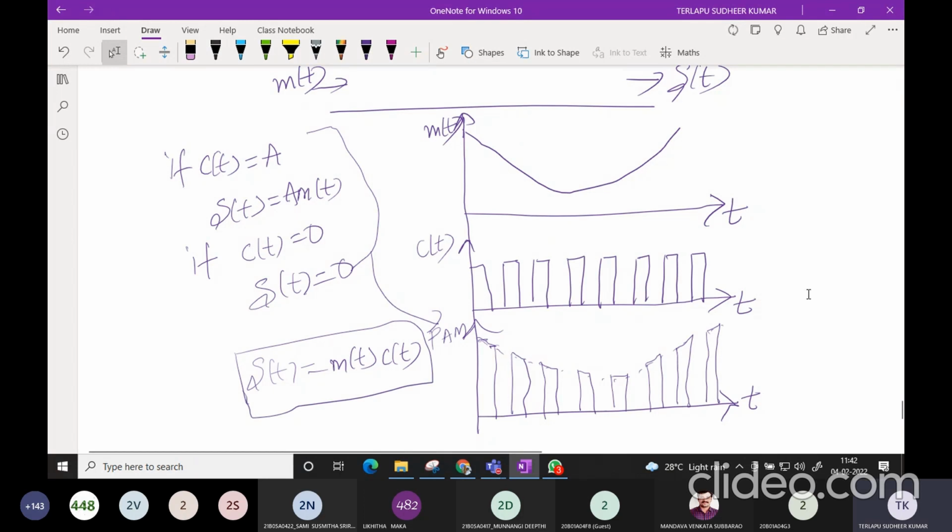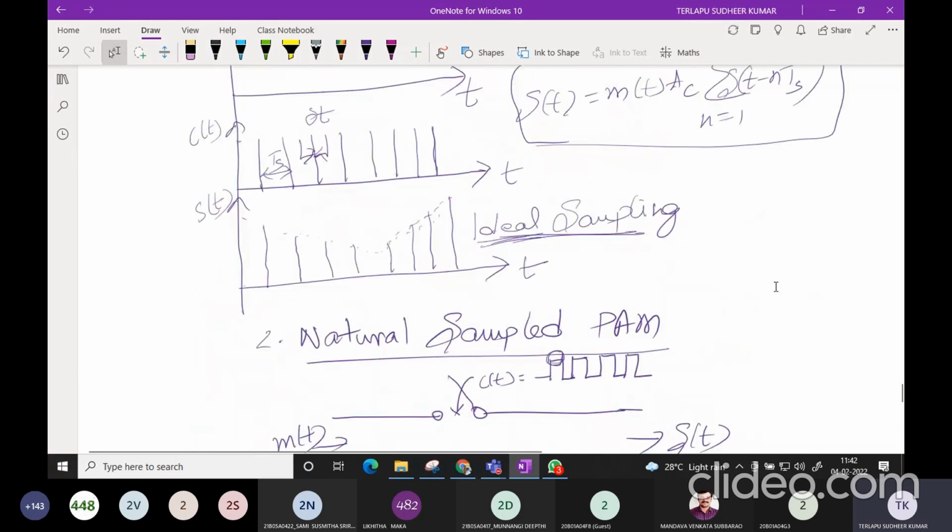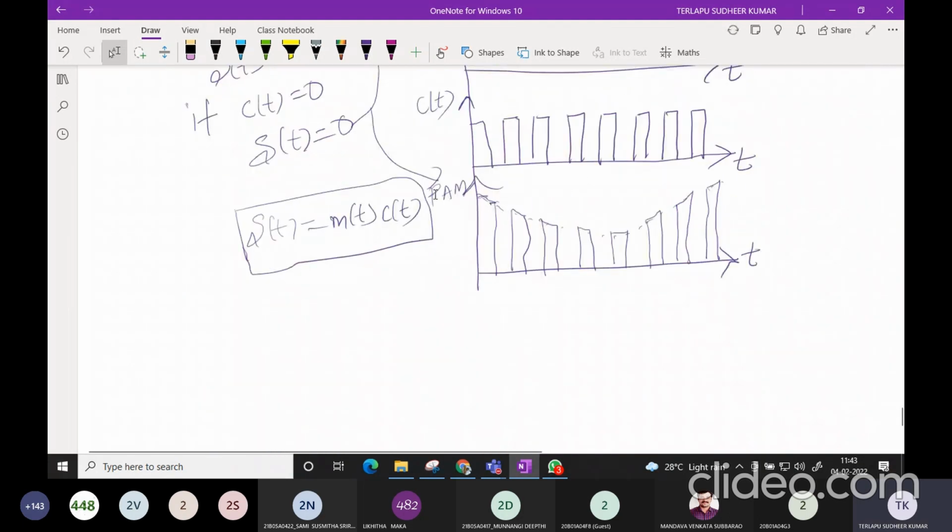Now you try to get what is the difference between an ideally sampled PAM, or instantaneous sampled PAM, and natural sampled PAM.